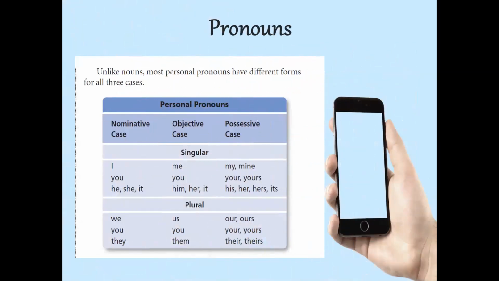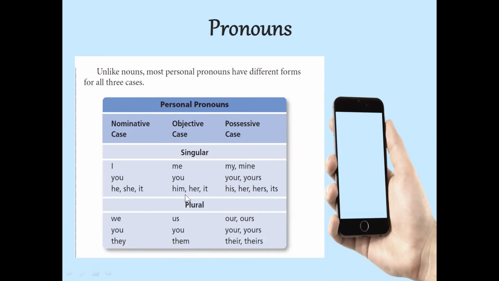But unlike the nouns, most personal pronouns have different forms for all three cases. And these personal pronouns and the cases of them, we have to memorize them carefully. I, you, he, she, it, we, you, they are the nominative cases for these personal pronouns.